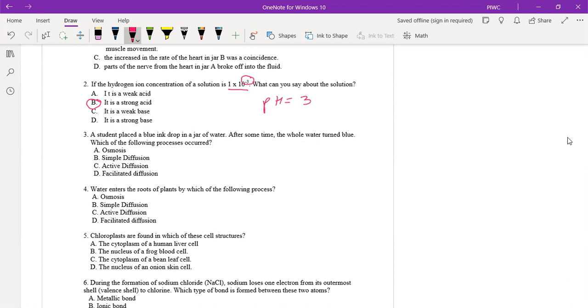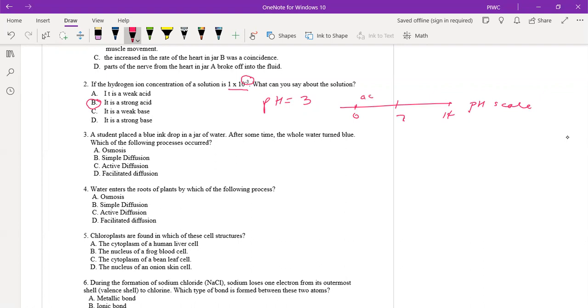Right, and then +3, if you think of the pH scale, 0 to 14. Between 0 and 7, that's the area for acidity.